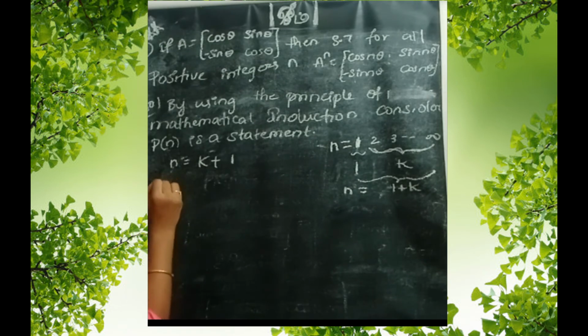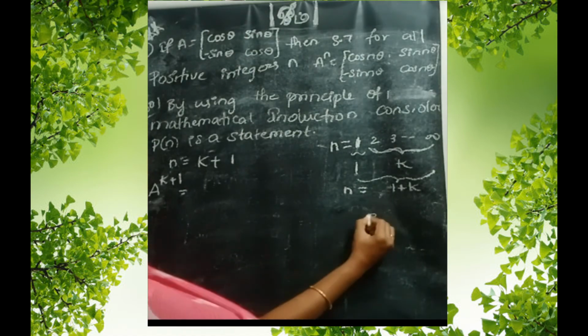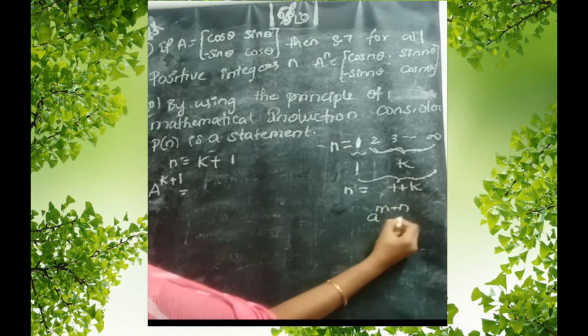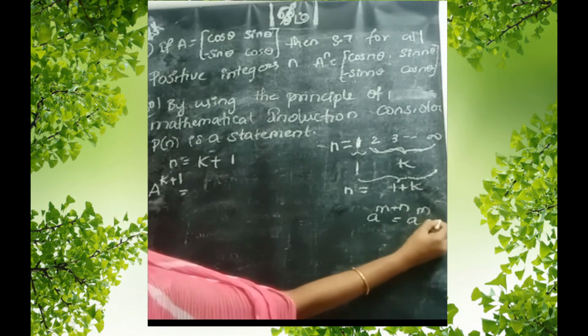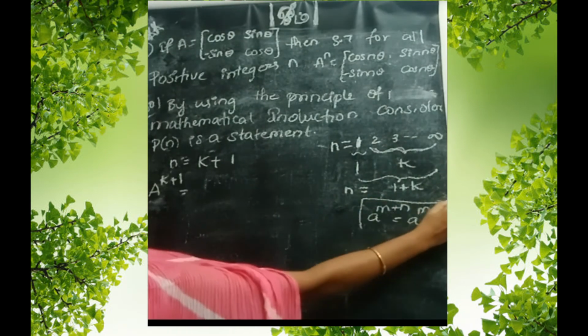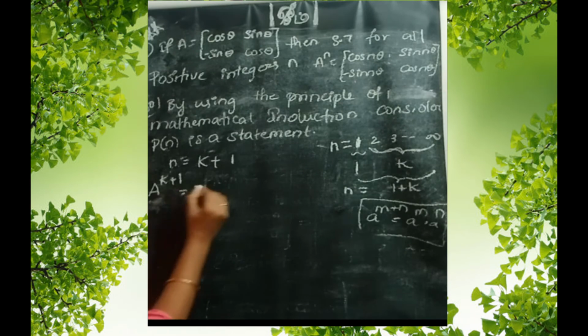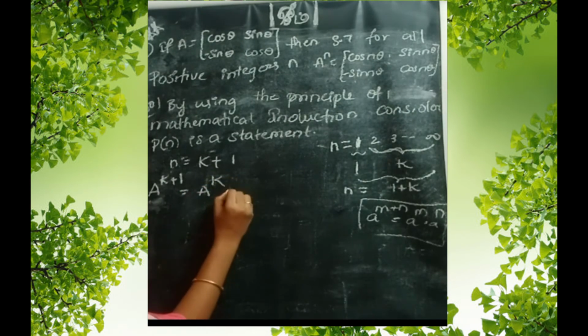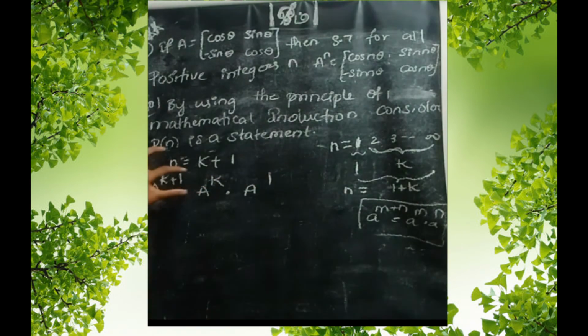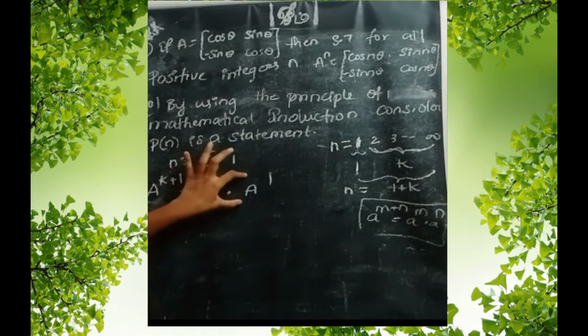Okay. Now A power k plus 1 equals. What is the formula for A power m plus n? We know A power m into A power n. This is the formula. Okay. Now A power k into A power 1. We know the matrix values for A power k and A power 1.